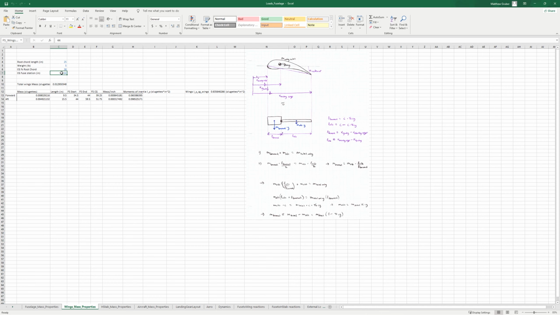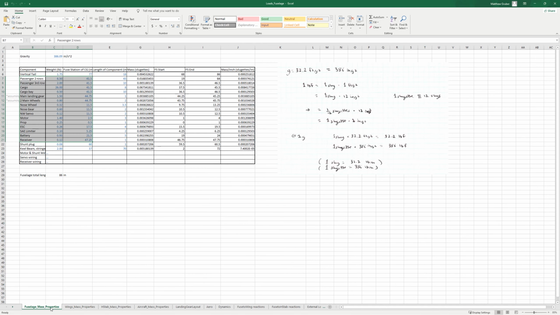Now, in order to keep using this approximation of these masses as just single rods that are evenly distributed, each of these components has a CG percent of 50%, right in the middle.